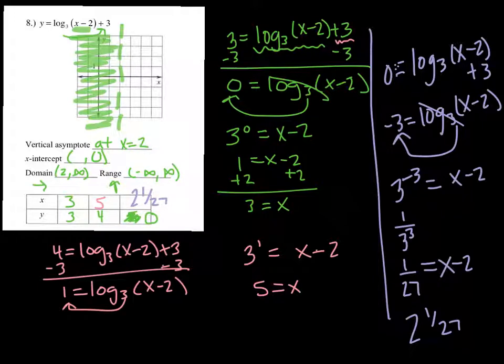You can find that as a decimal if you want. So 1 divided by 27 is about .04. So 2.04.